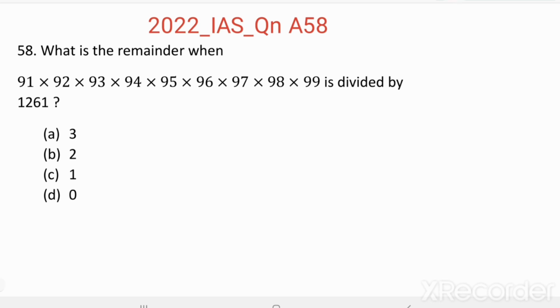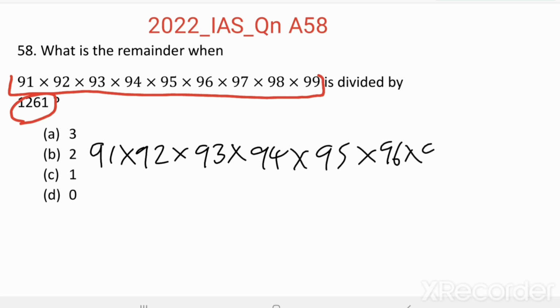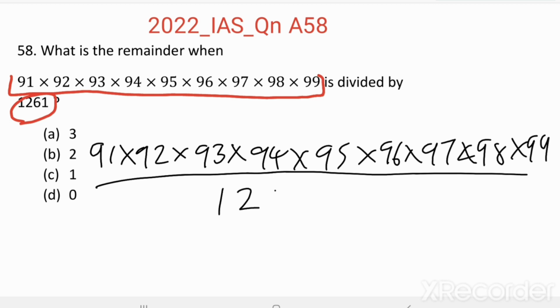So here we want to find the remainder when this product is divided by 1261.